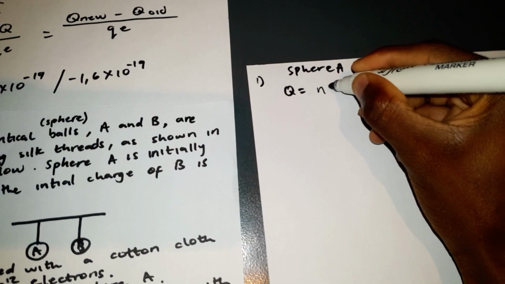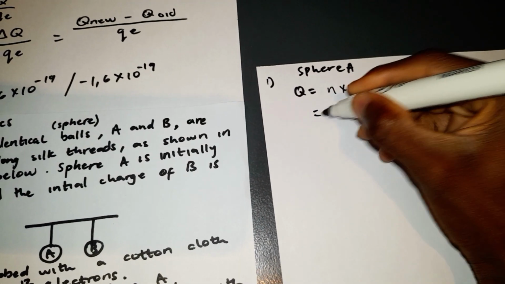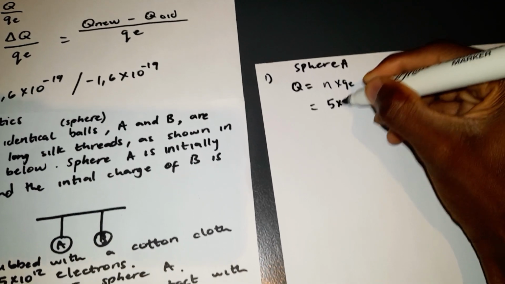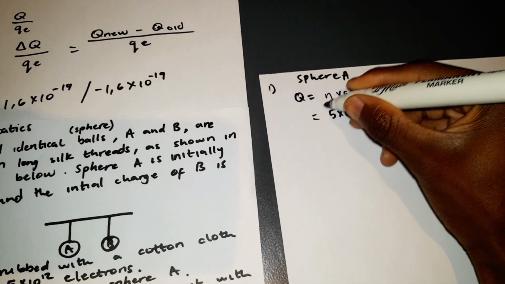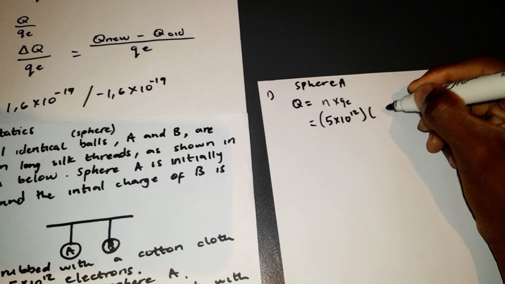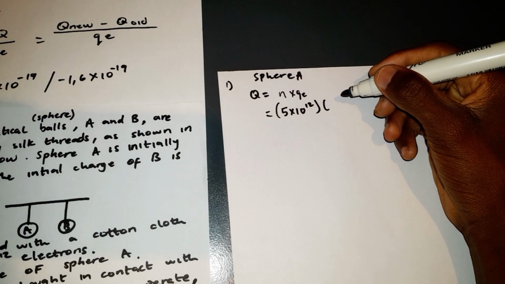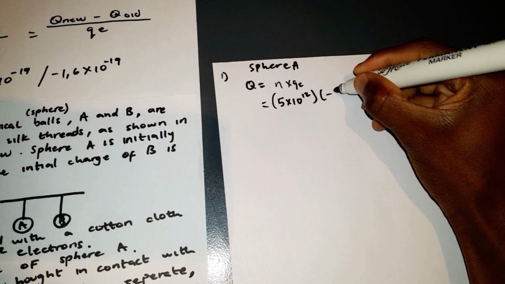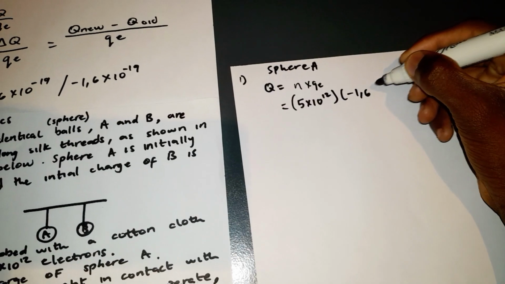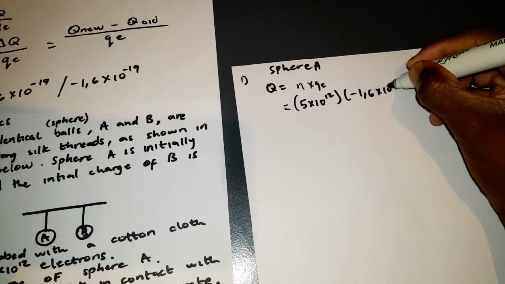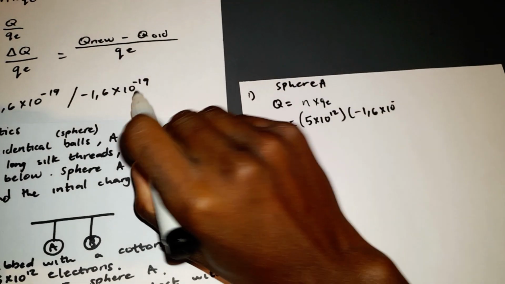So it says n times Qe, where n is the number of electrons, which is 5 times 10 to the positive 12, multiplied by, since we now know that it's a negatively charged sphere, we're going to use the negative 1.6 times 10 to the negative 19 here.